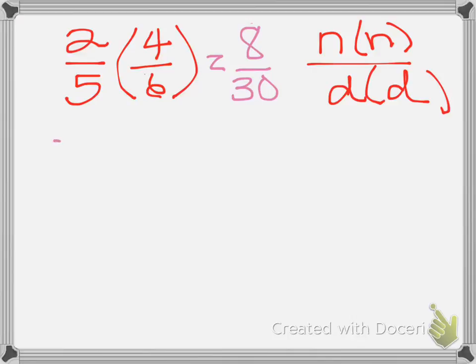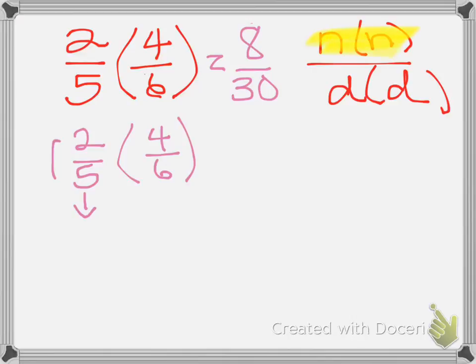What happens when we have a mixed number is you want to make sure that you change the mixed number into its improper fraction so that you come back to only having a numerator and a denominator.